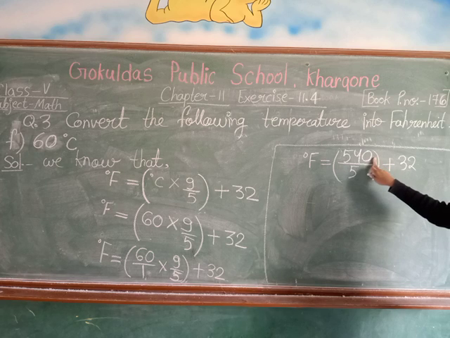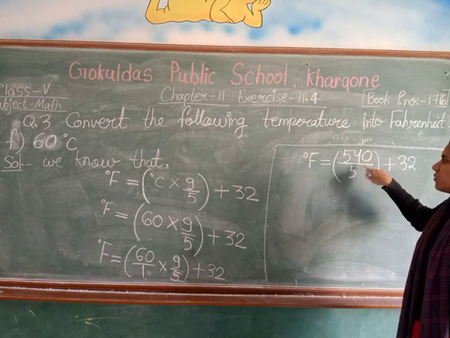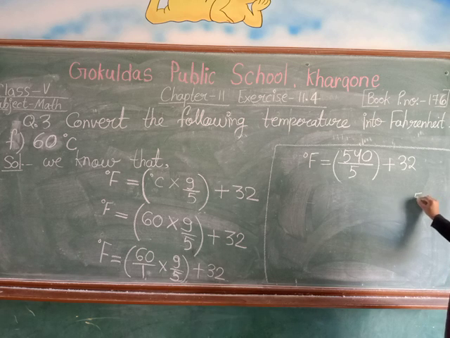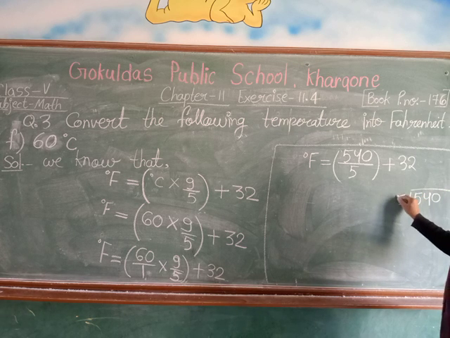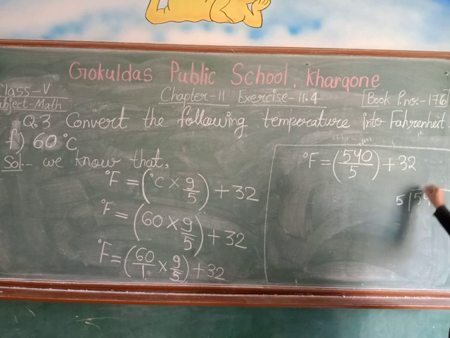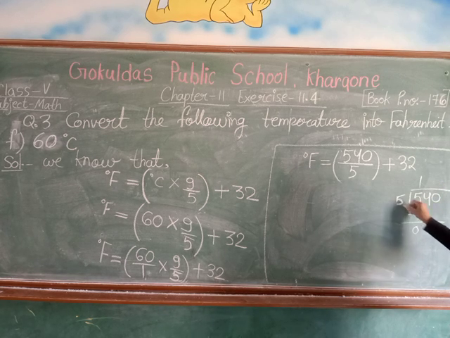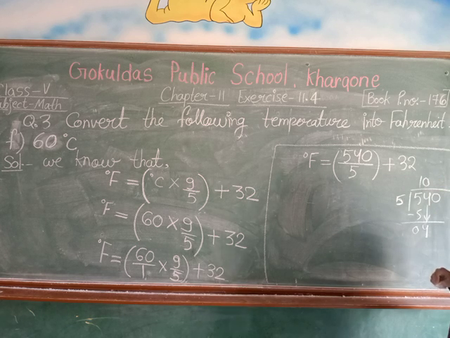Okay. Now what is this bracket saying? This bracket is saying divide 540 by 5. So in rough work I am arranging both the numbers column wise, standard form of division. 5 ones are 5. 5 minus 5, 0 is left. 0 is not divisible, I will bring down 4 here. This 4 is not divisible by 5, so I will put one 0 in the quotient part.